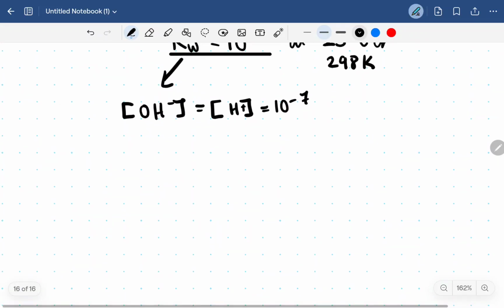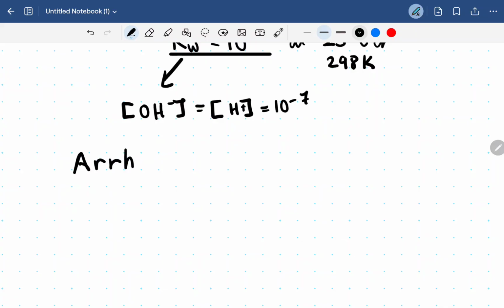Now, we have two different definitions of acids and bases. You have the Arrhenius definition. Excuse me if I pronounced it wrong.